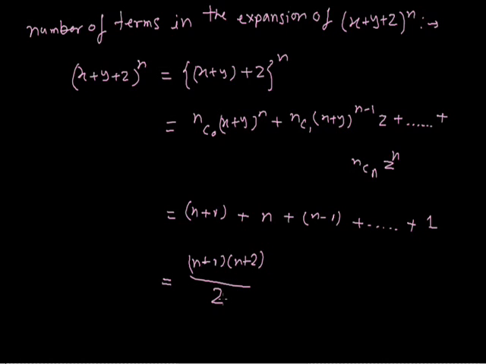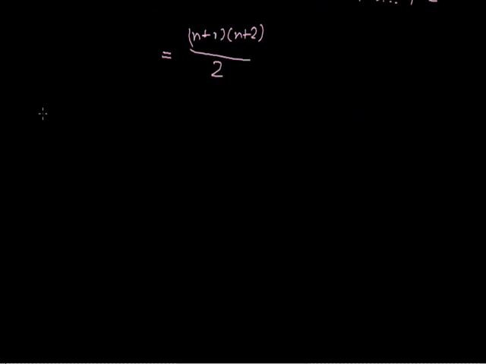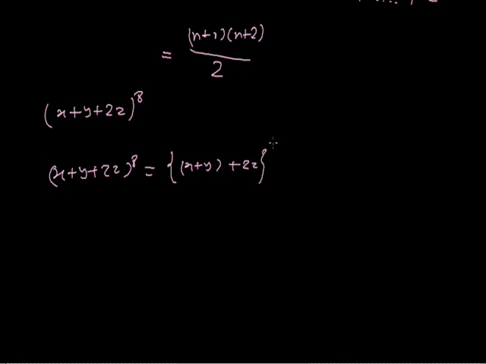So here we can say in the expression (x + y + z)^n, the total number of terms is equal to (n + 1)(n + 2)/2. For example, find the number of terms in the expansion of (x + y + 2z)^8. First of all, we write it as (x + y + 2z)^8.